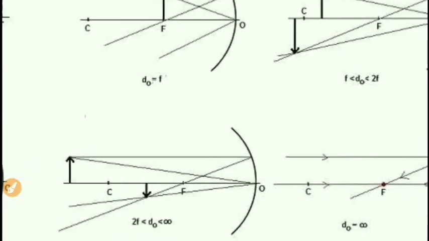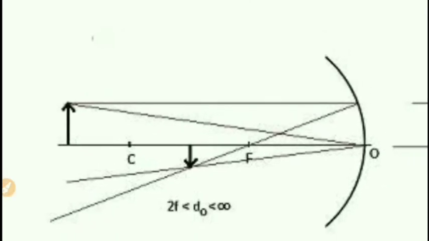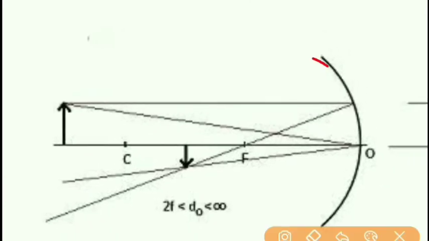Now in the second case, the object is not too far away from the mirror. This is the mirror, and the object is not very far away from the mirror, but it is beyond C. This object is beyond or behind C, we can say. For this object, many rays emerge from this point, but to form the image of this object we need at least two rays.